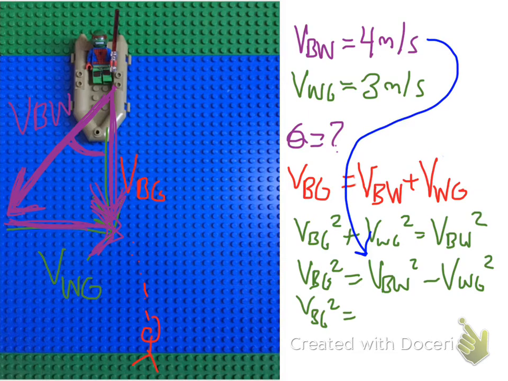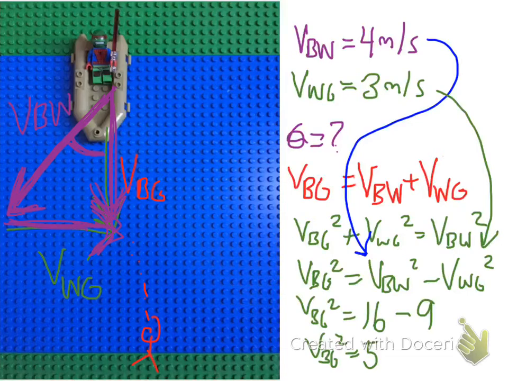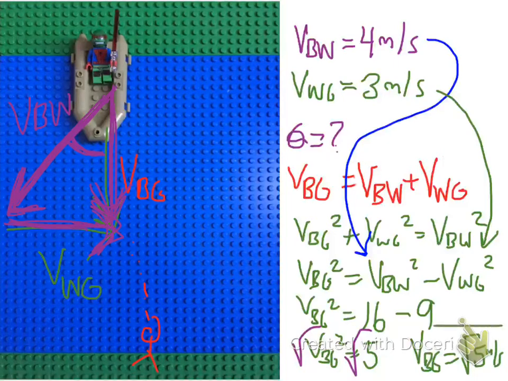So this is 4 squared, which is 16, minus water ground is 3, which is 9. So velocity boat ground squared is 7. Or then I take the square root of both sides, and I get velocity boat ground equals square root 7 meters per second.